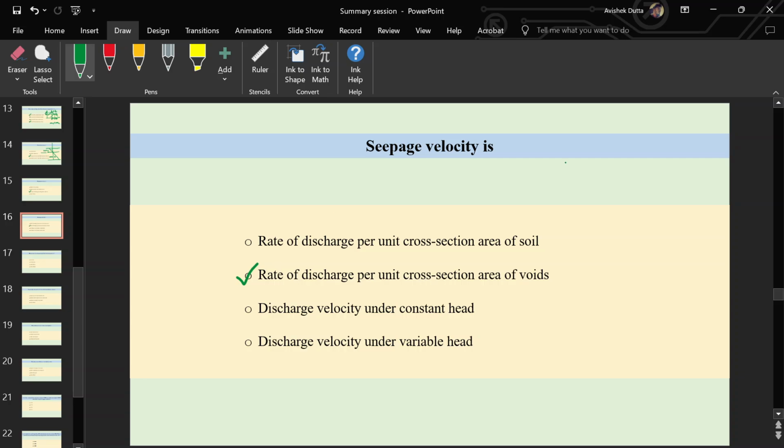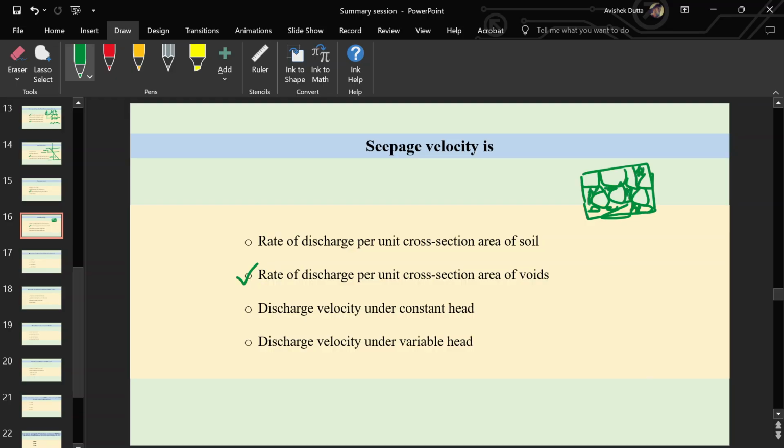Why? Because, for example, we have a cross section of soil showing the soil mass, and water is percolating through the voids. So these are the solid particles, and this is the voids, the black portion.